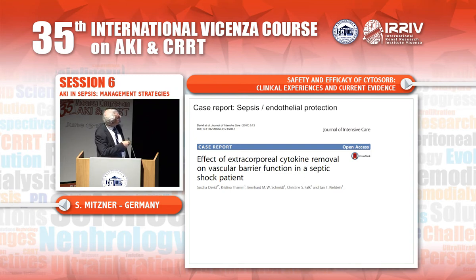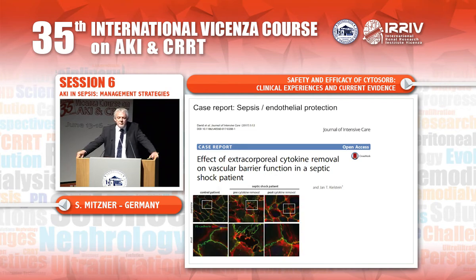Here these were colleagues around Jan Kielstein, a colleague from Germany, and they had done treatments with a filter and then collected plasma and put that on human vascular endothelial cell cultures. And you see if they take a control patient, then you get a picture. If you stain for the intracellular glue, you know, there's cadherin, and they had actin staining as well, you get this neat picture of a solid endothelial cell layer.